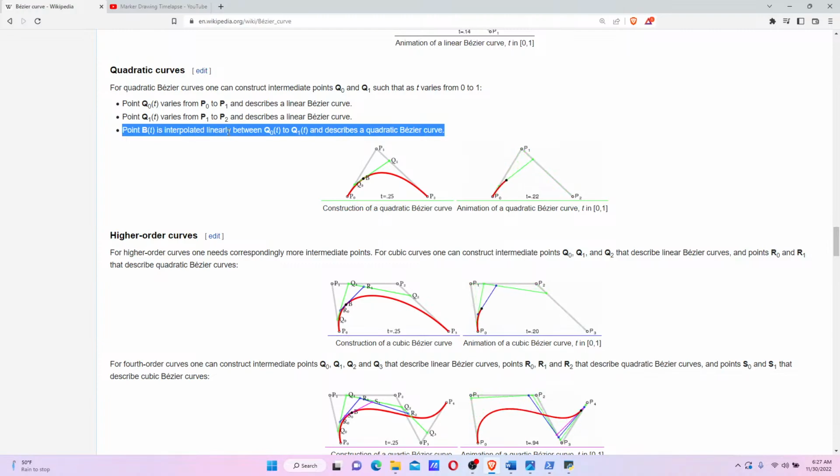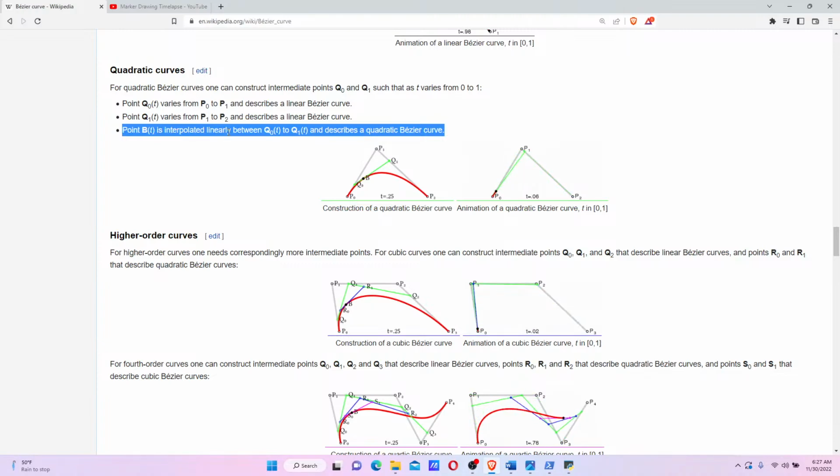So point B at time equals 0 is at P0. Time equals 0, P0, Q0, and B are all in the same place. Q1 and P1 are all in the same place. Oh, interpolated linearly.